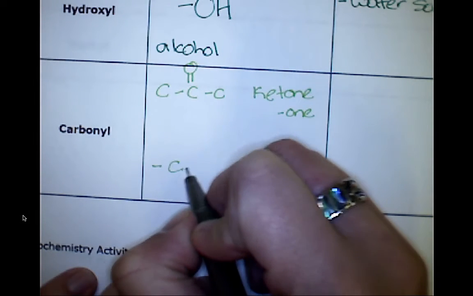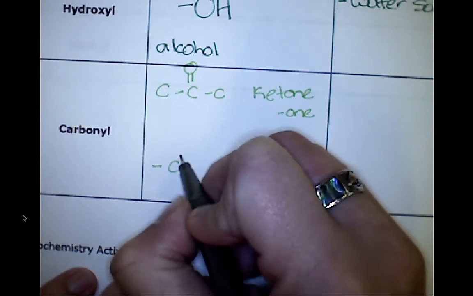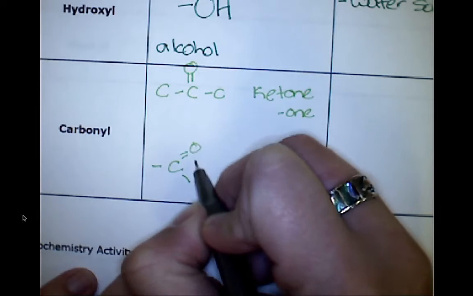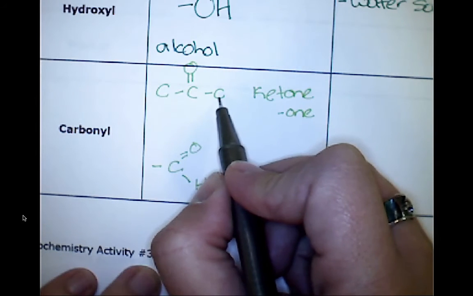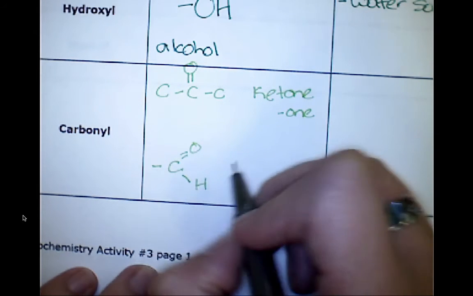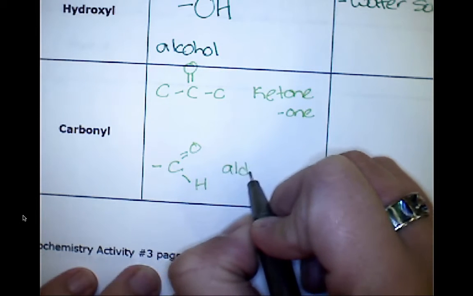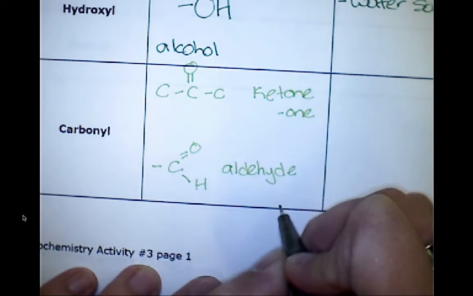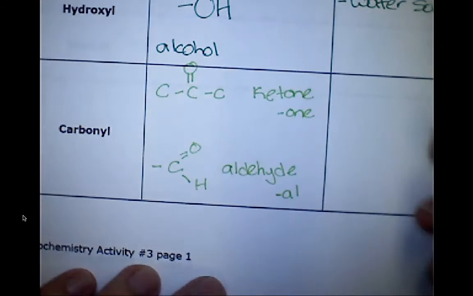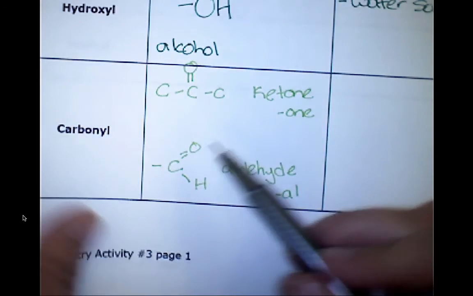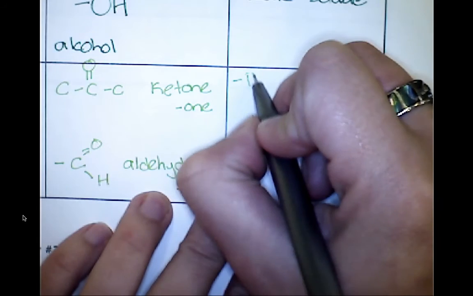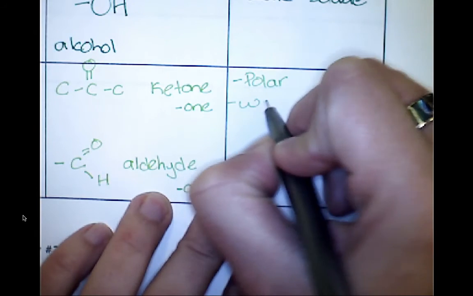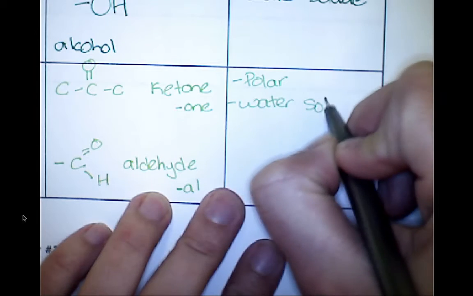And then you could also have what's called an aldehyde if the double bonded oxygen is on the end. Instead of the middle of a chain, it could be on the end of a chain. So this is what's called an aldehyde. And these molecules end in Al, okay? Because we have an oxygen, that's going to be a polar compound. And so if it's polar, it also means that it's water soluble.